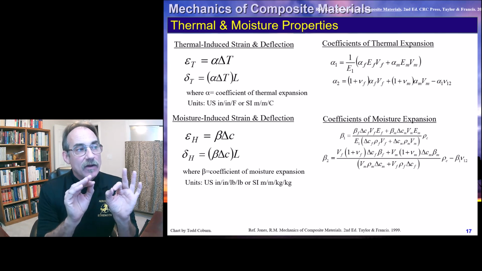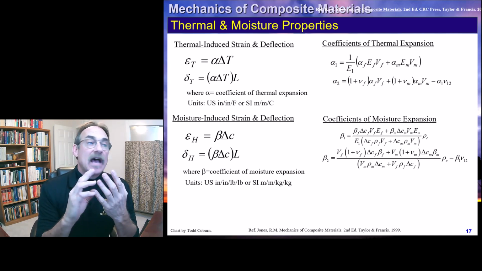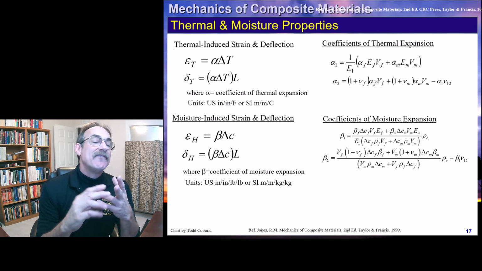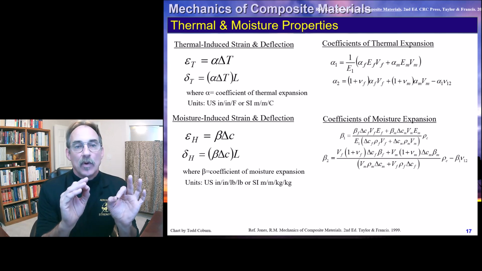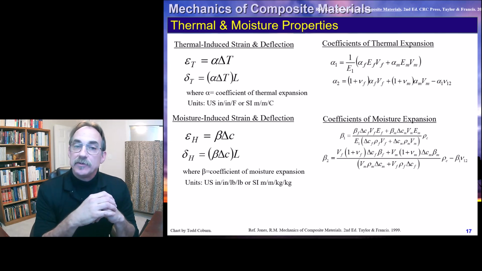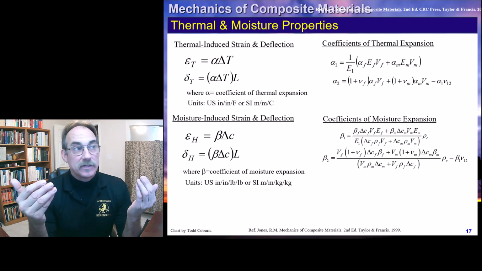Now the problem here is, you'll notice we got a lot of terms. That's a problem for some. We've got fiber values and we have matrix values. We have densities as well, and we've got moisture concentration. Now you'll notice with thermal properties, a lot of times we can neglect any change in the thermal properties based on the actual temperature.